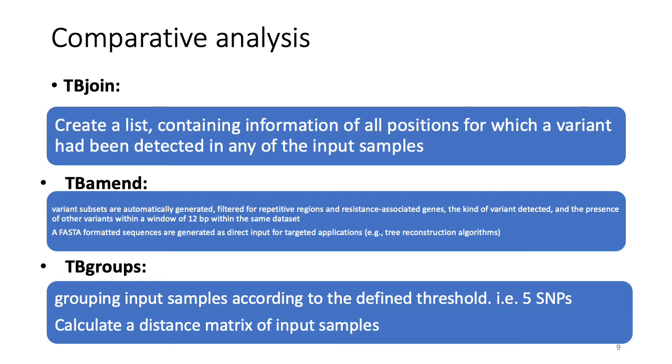So if you see samples in the same group, it means that the SNP difference between the members of the group is less than 5. In addition, the TBgroups step calculates a distance matrix of the input samples that can also be informative for you.